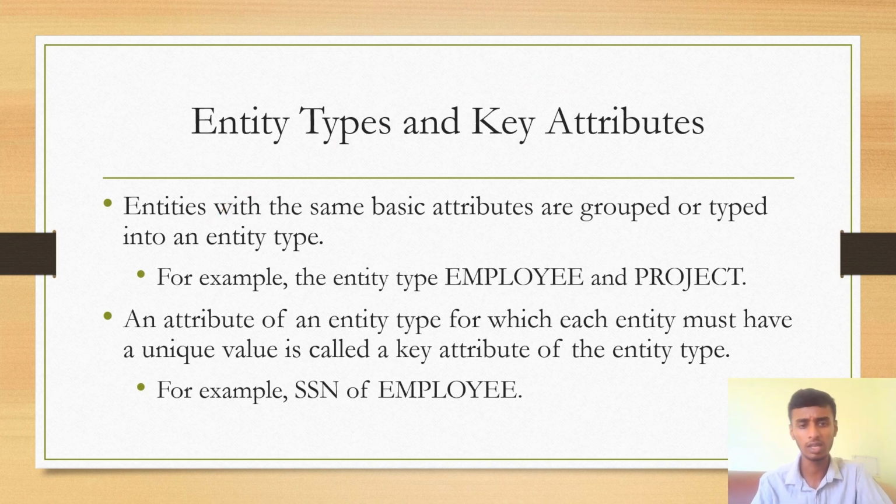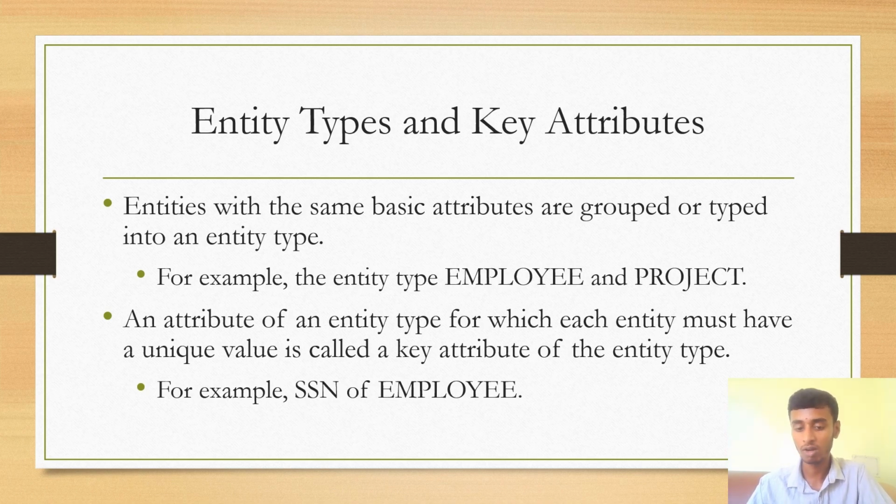So, entity type and key attributes. What is this entity type? Entities with the same basic attributes are grouped into an entity type. For example, employee and project. An attribute of an entity type for which each entity must have a unique value is called a key attribute of an entity type. Example, SSN of an employee, or USN of a student.